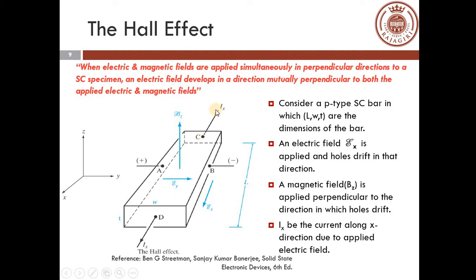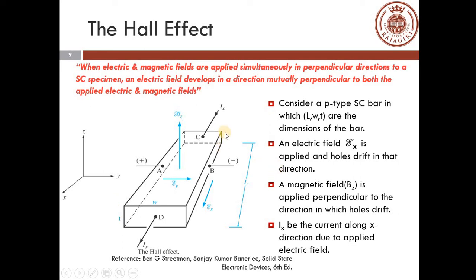Because of this force, the path of the holes tend to deflect. Now, if the path of the holes must not deflect, and in order to maintain a steady state flow of holes, an electric field epsilon y, which just balances the force on the holes due to magnetic field, is set up along the positive y direction.